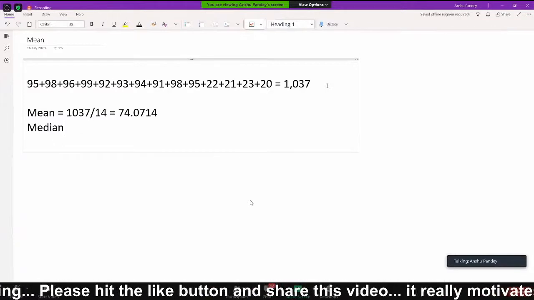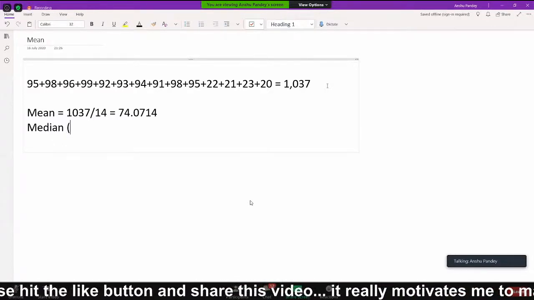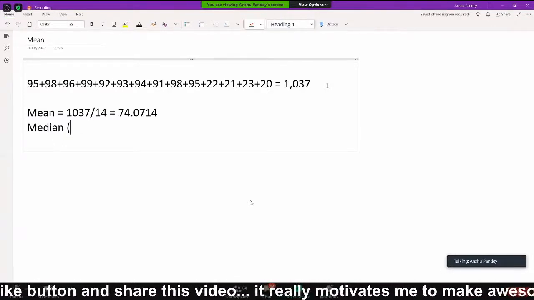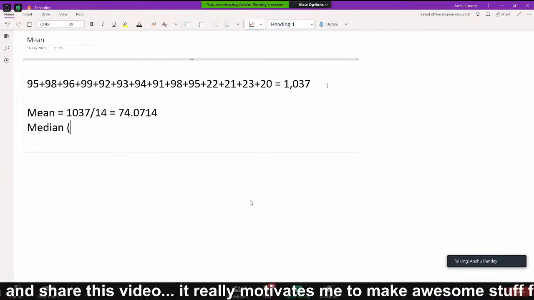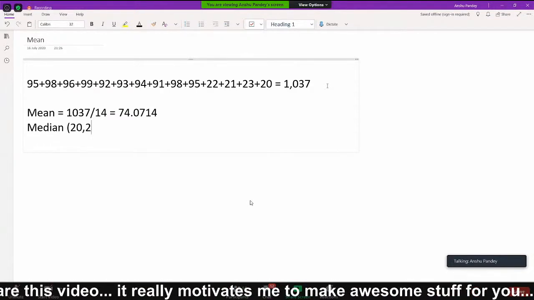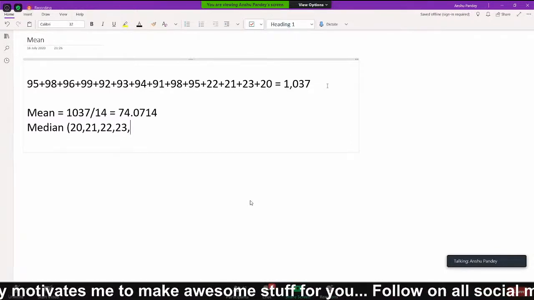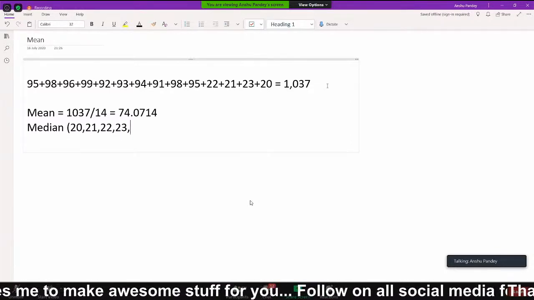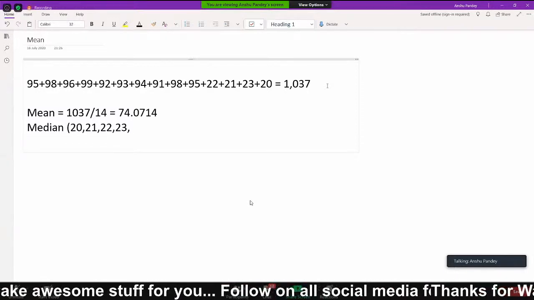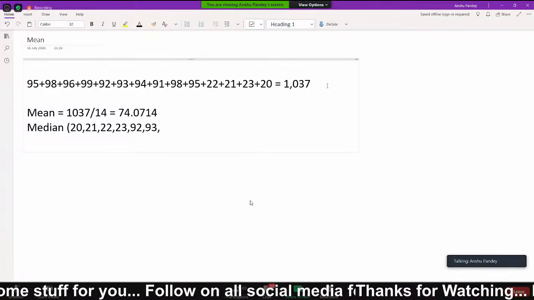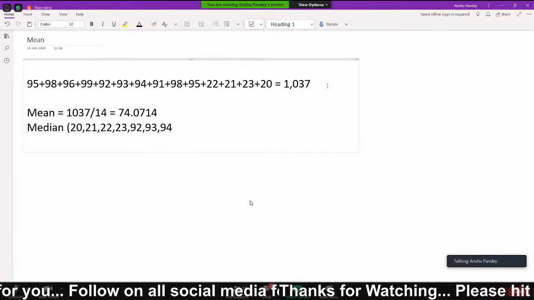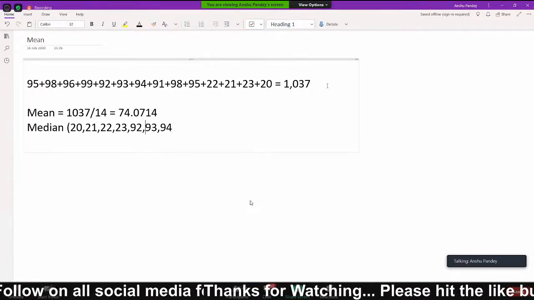If you look at the median of the same data, for the median I have to arrange the data in ascending or descending order. If I arrange it in ascending order, it becomes 20 as the lowest, 21, 22, 23. Right? This is the way I am arranging the data in ascending order to calculate the median. And then it comes 92, 93, 94. Oh, I missed 91.